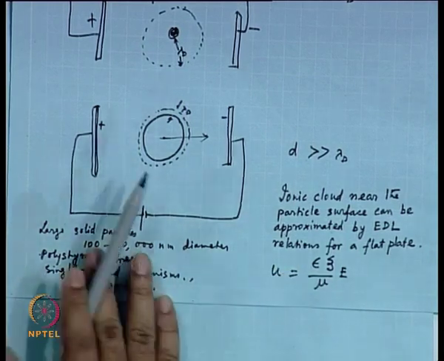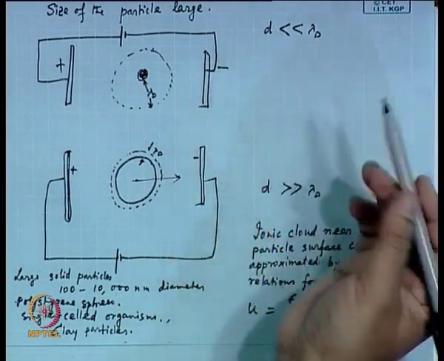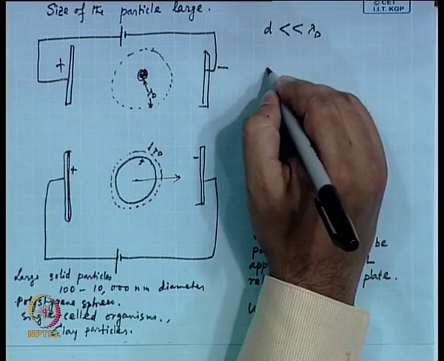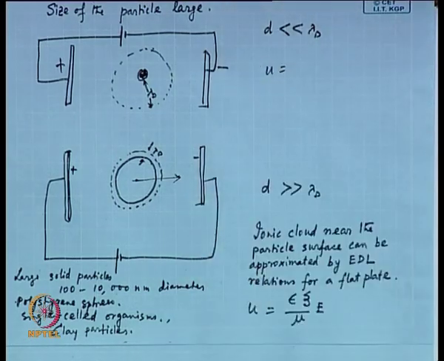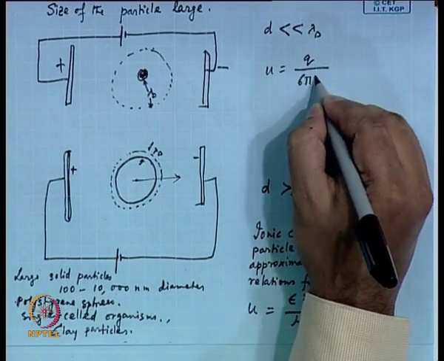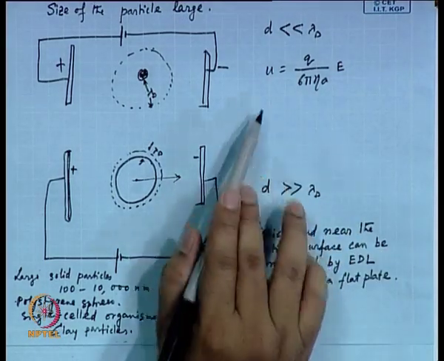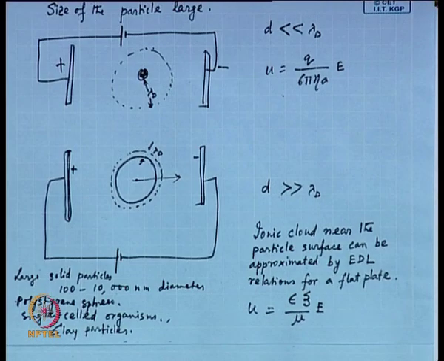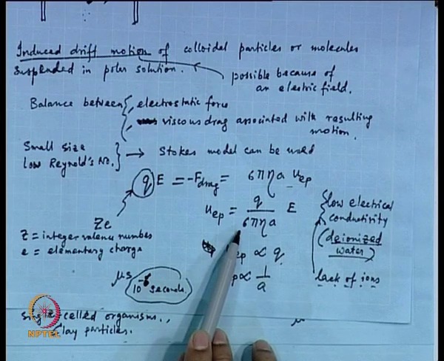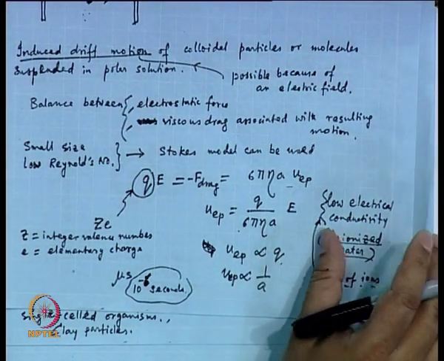And when d is much less than lambda d, this is the classical case of electrophoresis. We have already defined this. What was our formula then? U is equal to q divided by 6 pi eta a into E, right. This is the formula that we already found by balancing the two forces, electrostatic force and viscous drag.